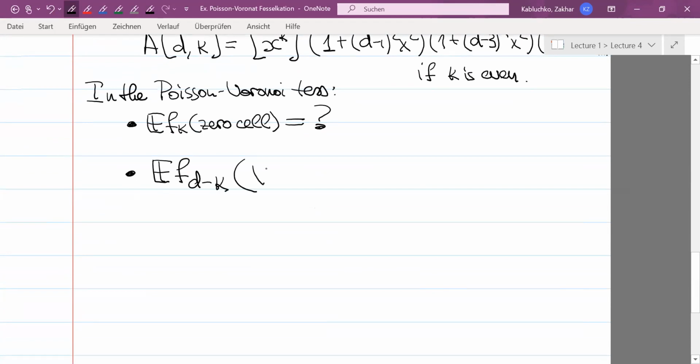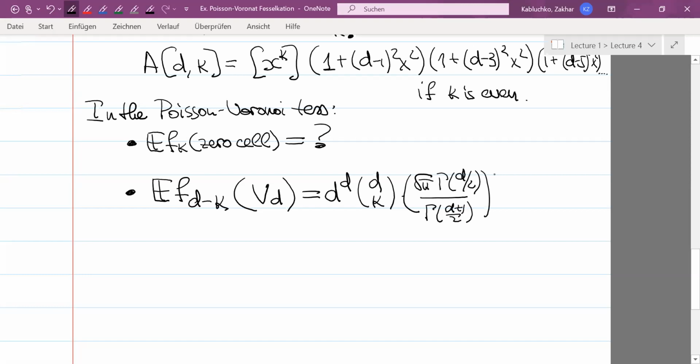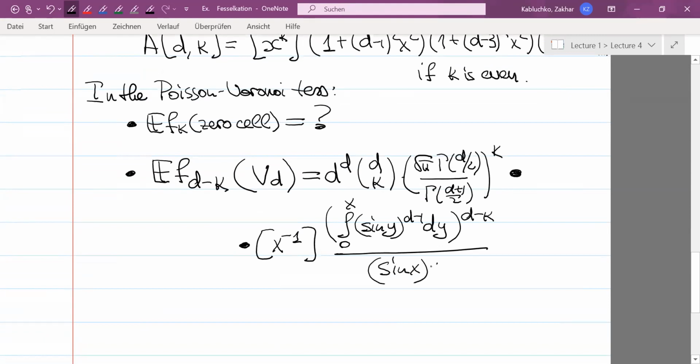The expected number of faces in dimension d minus k of the typical cell is given by d to the power d over k times a gamma function of (d plus 1)/2 to the power k, times, and now the most interesting part comes, the coefficient of x to the power minus 1 in the Laurent series of the following function: (integral of sin y to the power d minus 1 dy) to the power d minus k, divided by sin x to the power d squared plus 1, if d minus k is even.